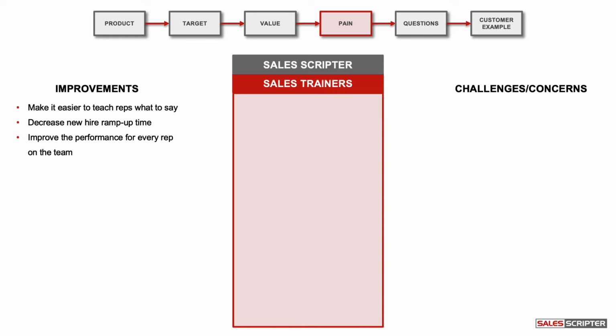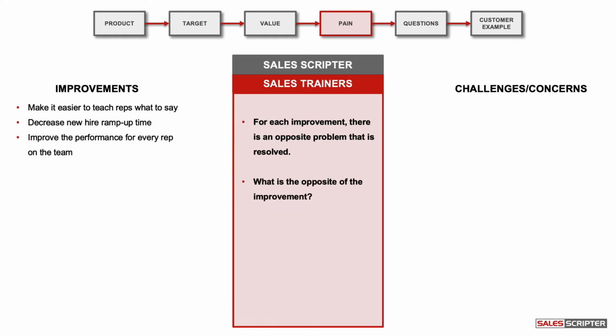And that's because for each improvement, there's usually an opposite problem that's resolved. So we can look at each improvement and ask ourselves, what is the opposite of that improvement? Or what problem goes away for the prospect or the customer when they start to realize that particular improvement?